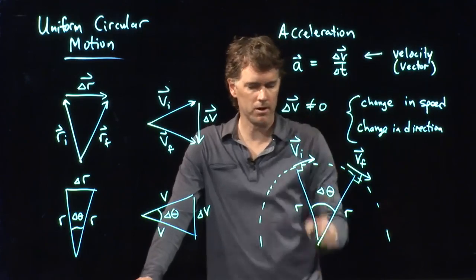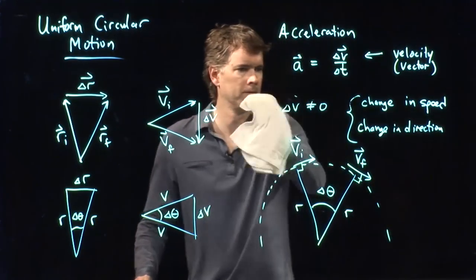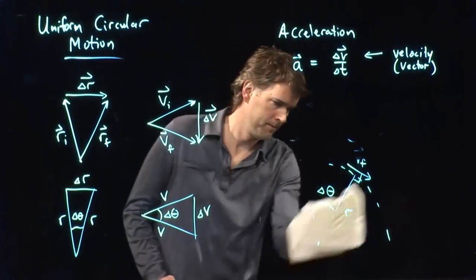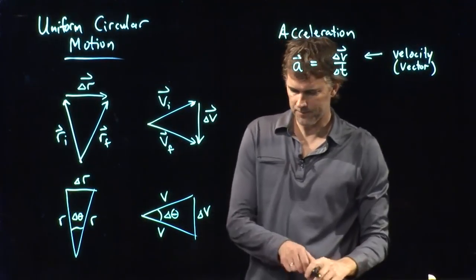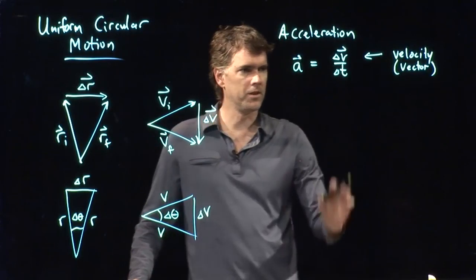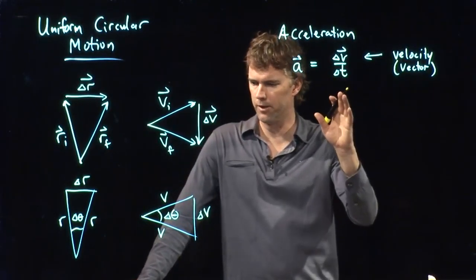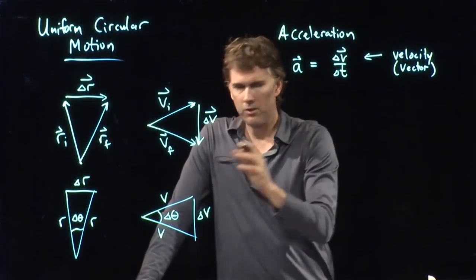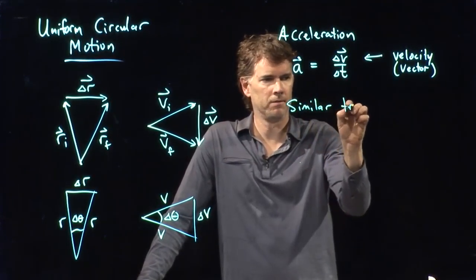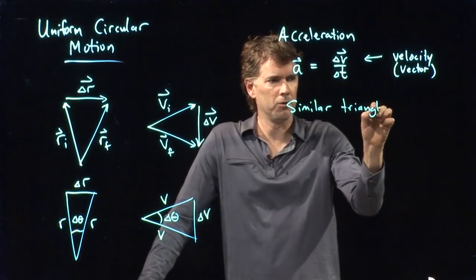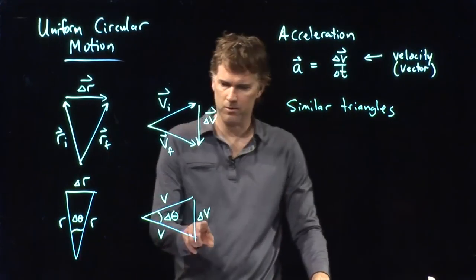Okay, let's go back to our acceleration. We said that acceleration was delta v over delta t, but if I look at these pictures now, those triangles are similar. And if they are similar triangles, then I can write the following.